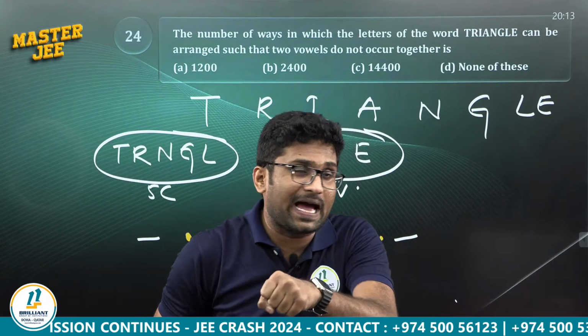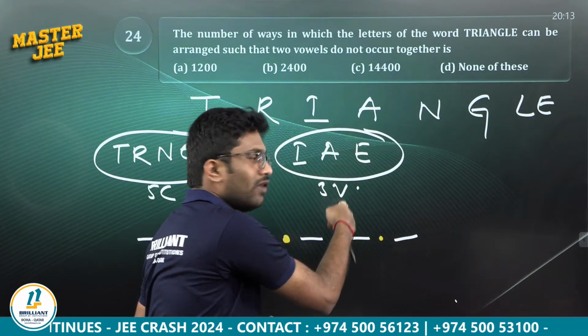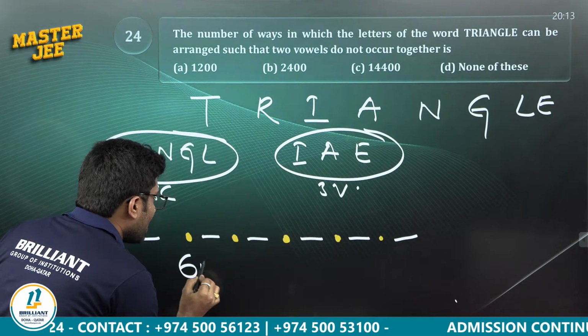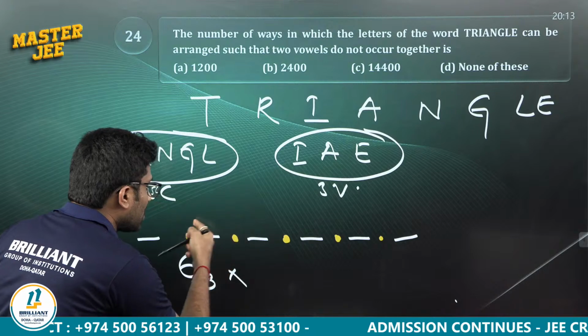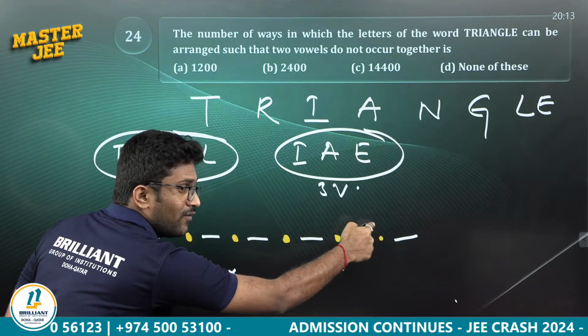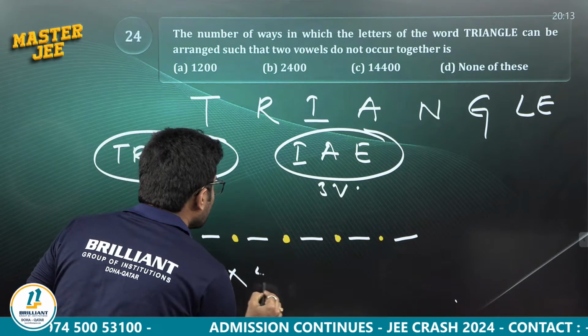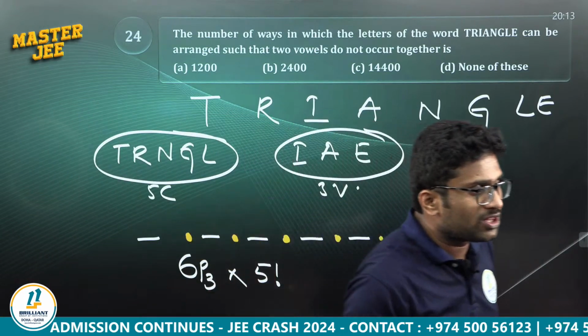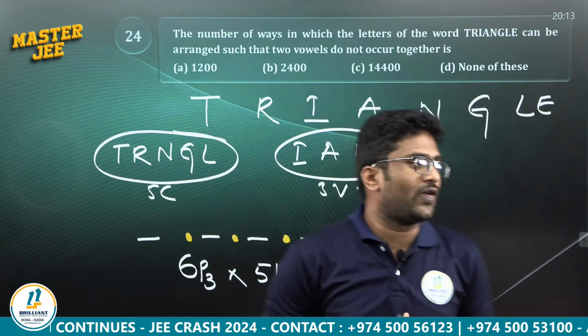In these 6 gaps, let us fill these 3 vowels. So in these 6 gaps, 3 vowels are arranged in 6P3 ways, into the 5 consonants which we arranged in the beginning, which can arrange themselves in 5 factorial ways. That's it. 6P3 into 5 factorial.